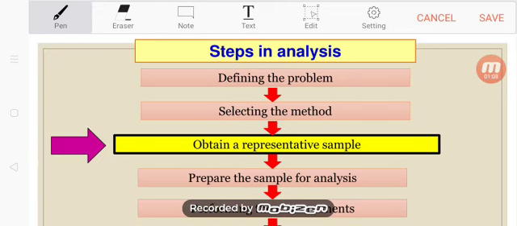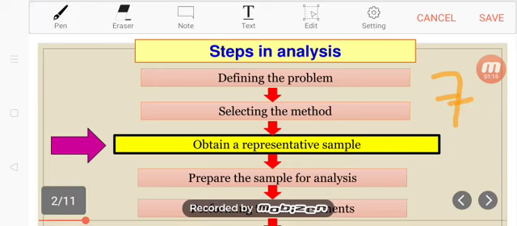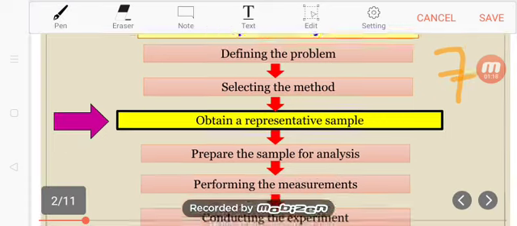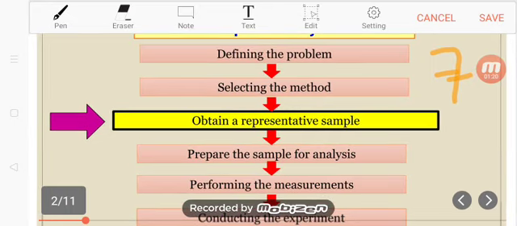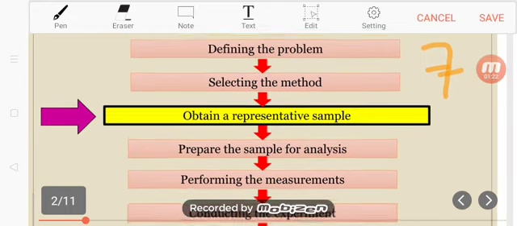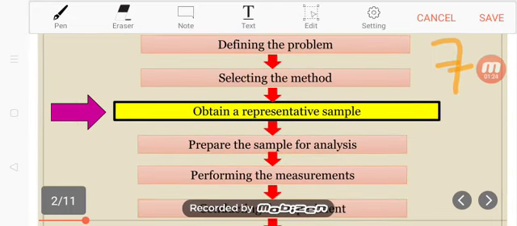In chapter 1, I described the 7 steps involved in chemical analysis. In chapter 4, we will focus on the 3rd step, which is to obtain a representative sample.